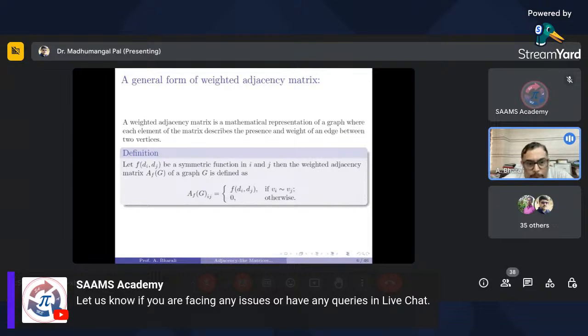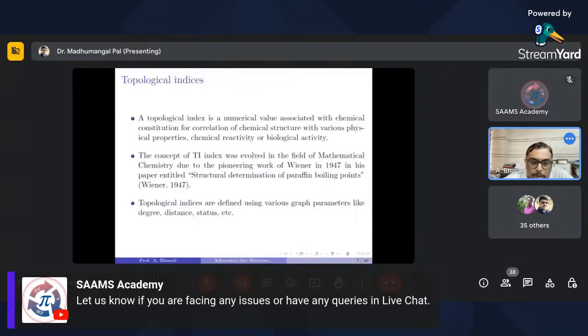The matrix obtained with this definition is then studied, and the eigenvalues and their multiplicities are obtained. For the adjacency matrix, we call the entire thing, the eigenvalues as well as their multiplicities, the spectra of the graph.